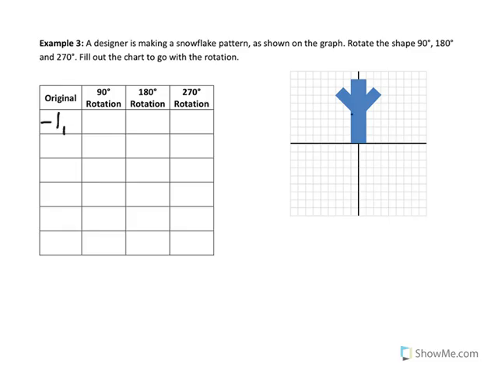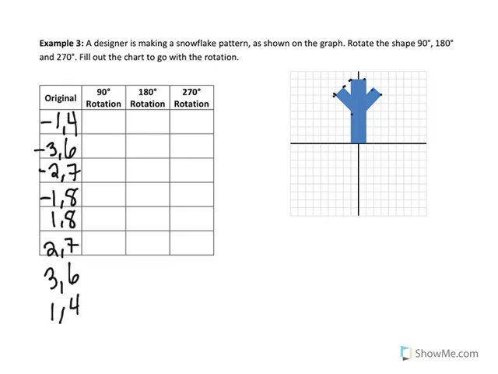So we got (-1, 4), and then this point right here, which is (-3, 6), and then this point right here, which is (-2, 7), and then this point right here, which is (-1, 8), and then we have it all positive, so (1, 8), and then (2, 7), and then I don't know where the rest of these are, (3, 6) and (1, 4), because it is a reflection of itself.